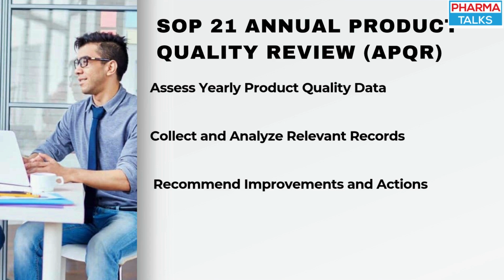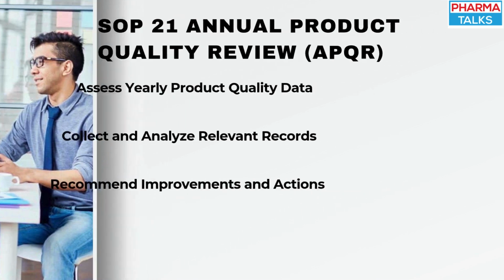The SOP defines a procedure for collecting, analyzing, and evaluating the data, as well as preparing a comprehensive report summarizing the findings. It also includes guidelines for identifying any necessary improvements or corrective actions based on the review. The APQR is a critical step for ensuring the ongoing quality and safety of pharmaceutical products, providing a mechanism for monitoring product performance and ensuring compliance with quality standards.